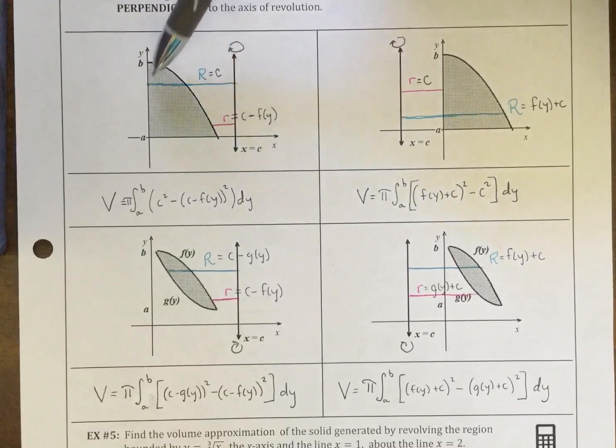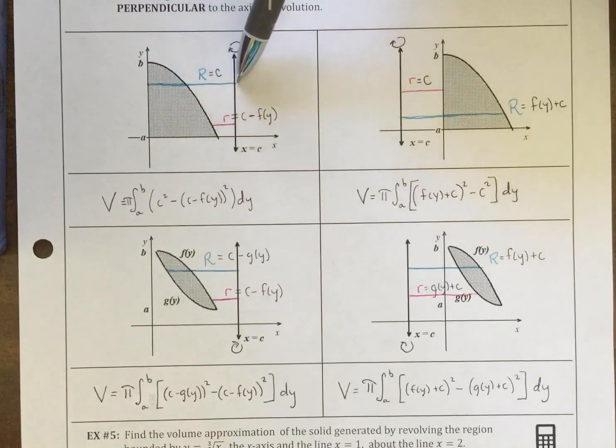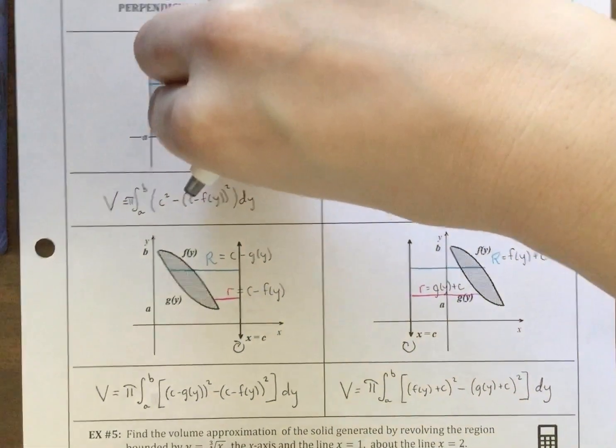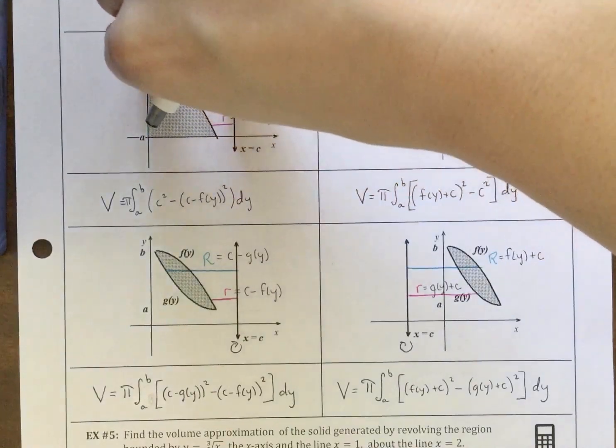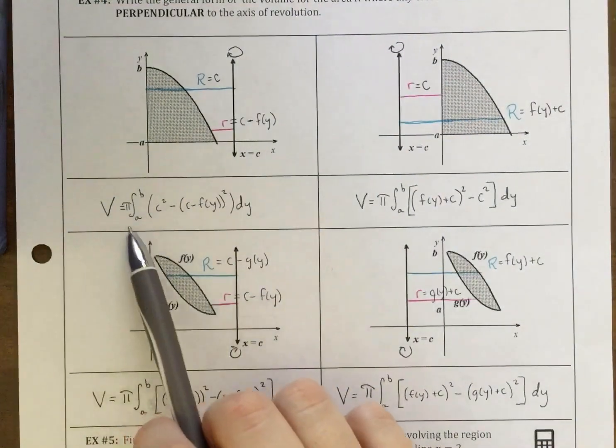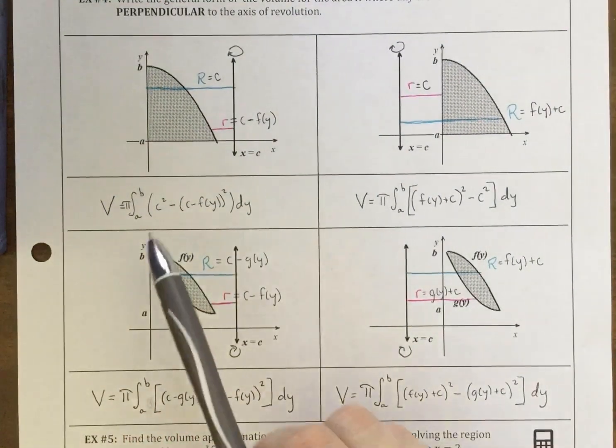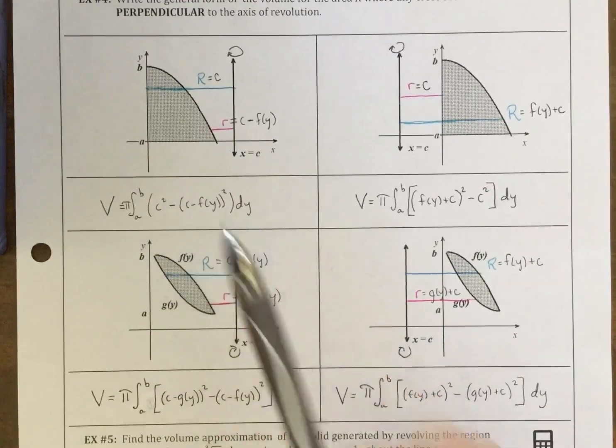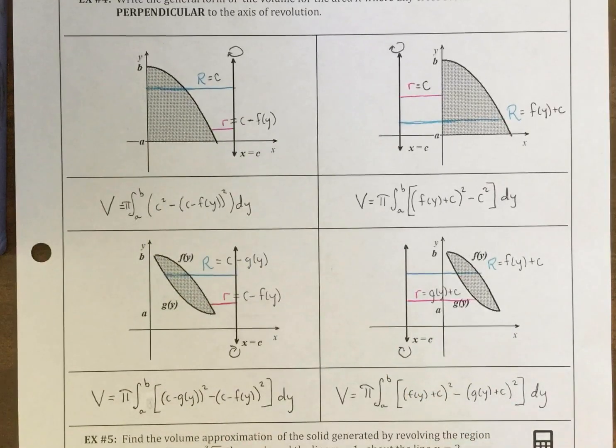So then your radius here is just this distance from here to c, and the little r is the distance from that line c to the function f of y. So you're just subtracting off f of y from c, because again this distance is changing as we follow the function up and down. So you get this equation down here. Again, this is big R minus little r, just like we've been doing all along.